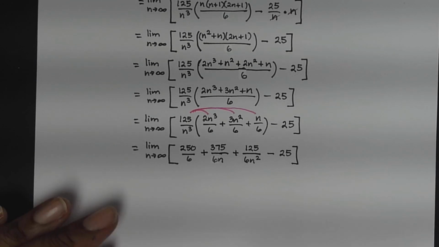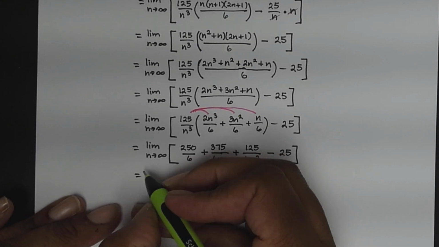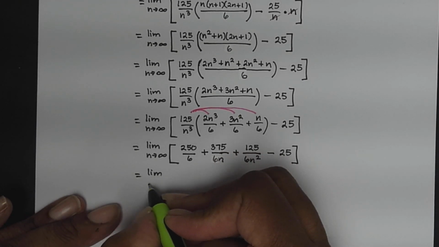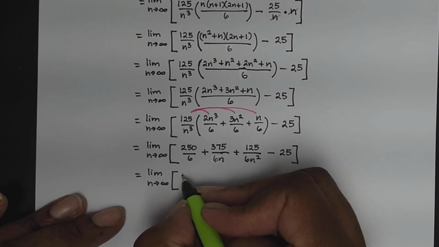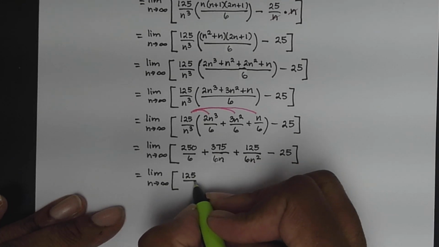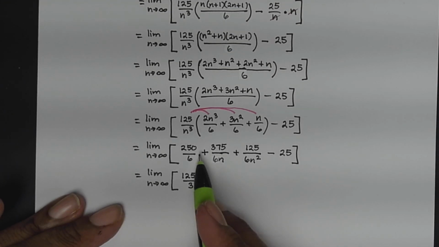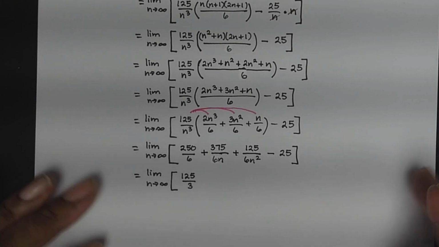All right. Let's see if I can reduce this here. 250 over 6 will be 125 over 3 in simplest form. Divide the numerator and the denominator by 2.